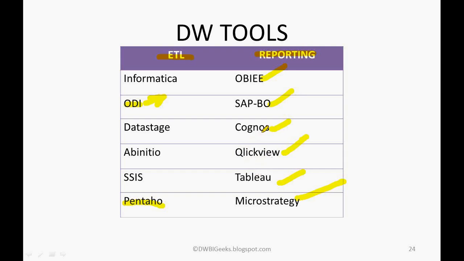OBIEE is something they get in a package with the Oracle database. And we all know that previously most of the systems were built mostly on Java. For all the Java systems, the backend database is Oracle. And OBI with the Oracle database, they will have a group package for OBI. So the budget concerns will be very less for OBI.